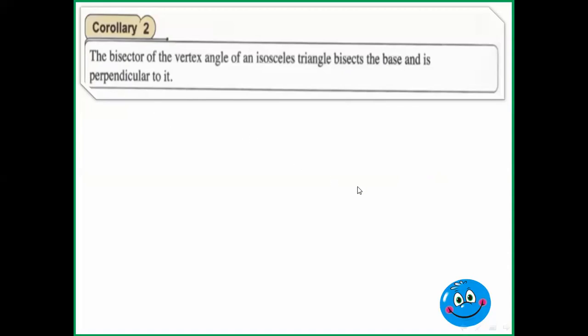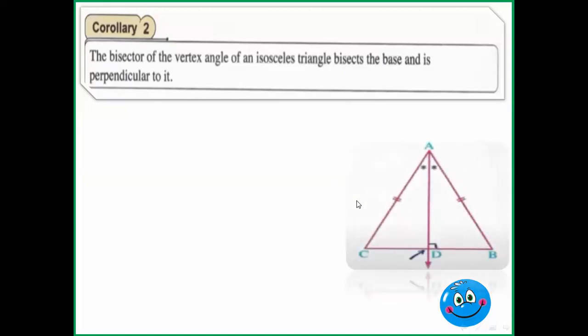As you can see, if we have an isosceles triangle, ED equals EC, so triangle ABC is isosceles. If we have a bisector ED that bisects the measure of angle A, it means it divides angle A into two equal angles.